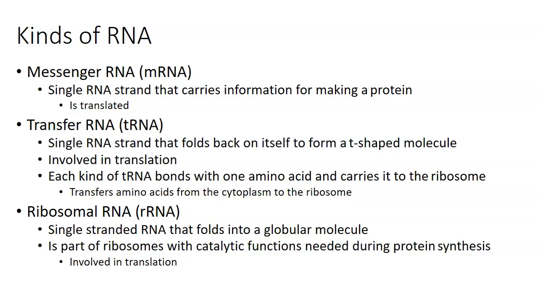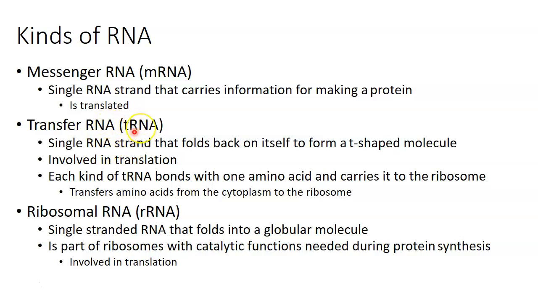Transfer RNA, or tRNA, is still single-stranded, but this is very interesting. mRNA stays as a linear structure, whereas tRNA folds back on itself, and it actually forms a T-shaped molecule. Now that's not where tRNA gets its name from. It's not named because of its shape. It just happens to have that shape.